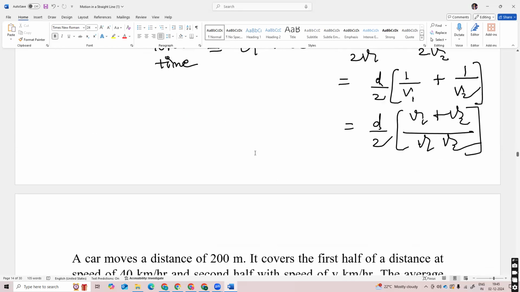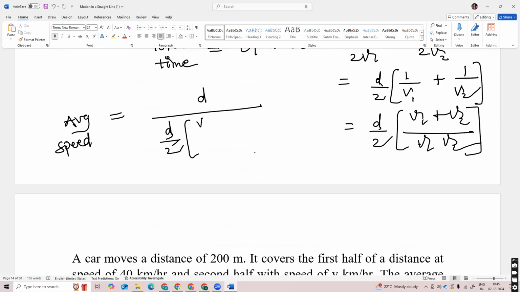Average speed is total distance divided by total time, so it is d divided by d upon 2 into v1 plus v2 divided by v1 into v2.